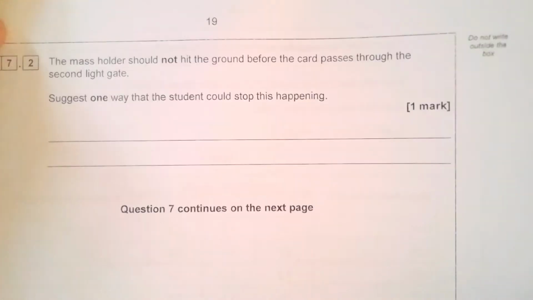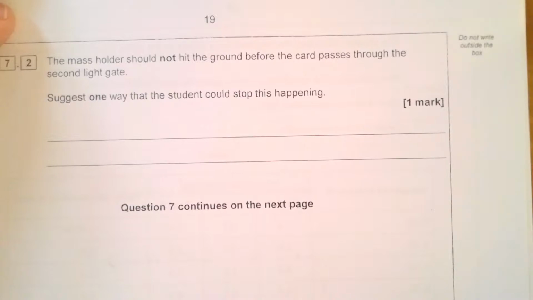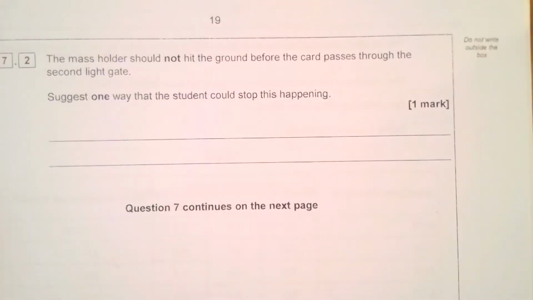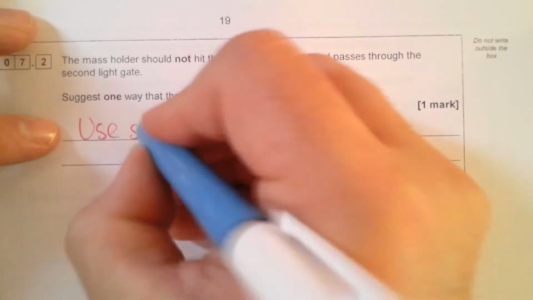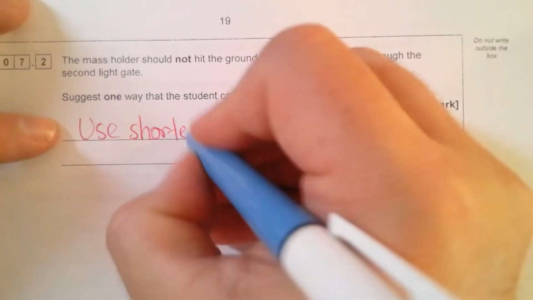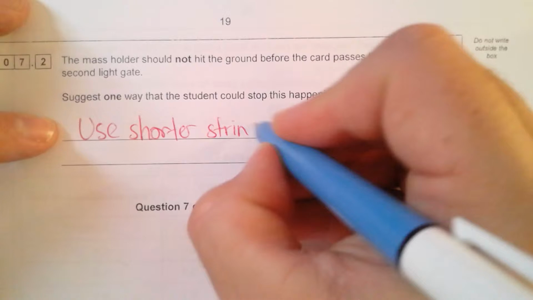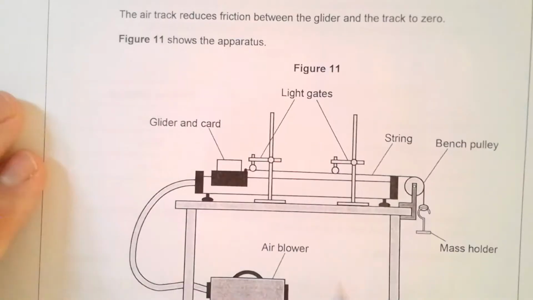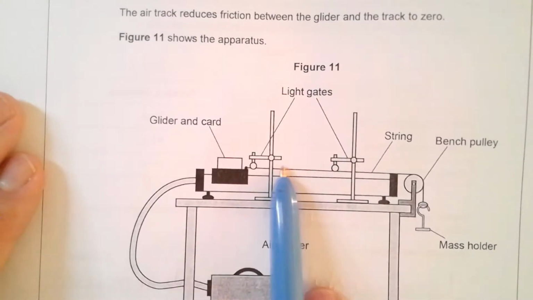Next, the mass holder should not hit the ground before the car passes through the second light gate. One thing we could do, well, one option would be to use a shorter string. That would be the most obvious one. Another option, if we have a look, we could move this light gate closer to the other one.